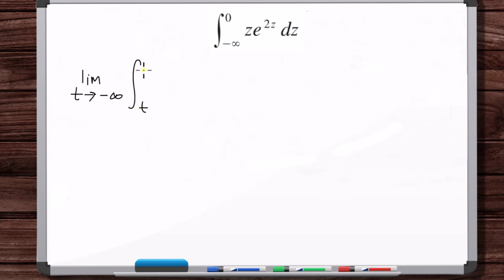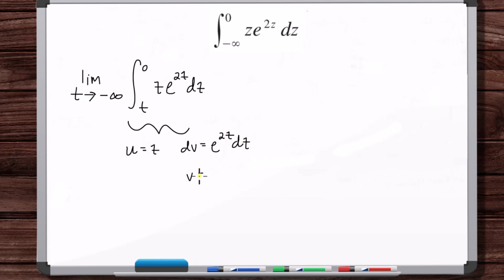We got t. Okay, let's evaluate this. So we're going to say that integration by parts, u is equal to z, dv is equal to e to the 2z dz, v is equal to 1/2 e to the 2z, and then du is equal to dz.